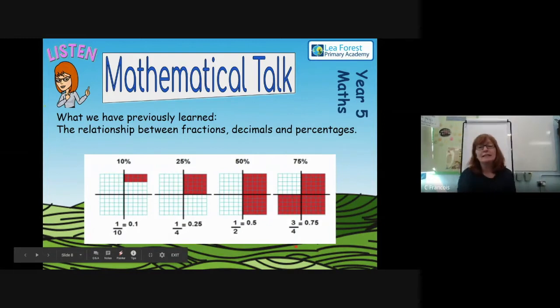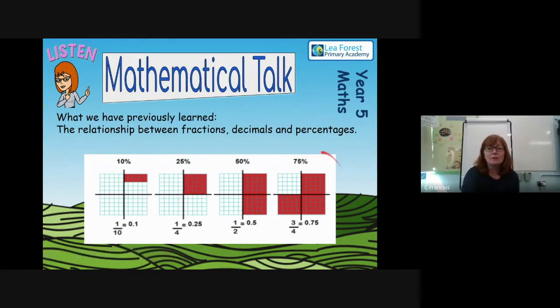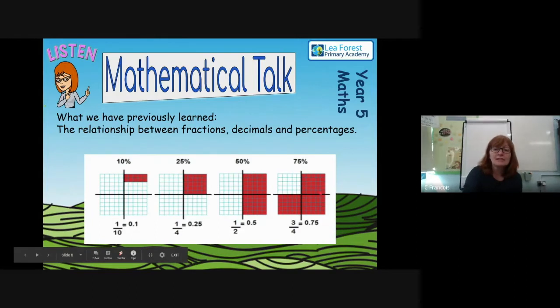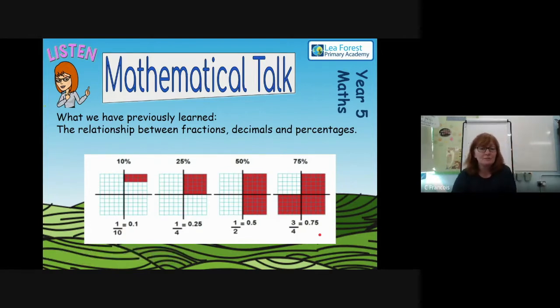And then finally, 75%. 75 squares out of our 100 have been coloured. So, as you can see, 3/4 of our squares have now been shaded, and that is equal to 0.75 as a decimal.